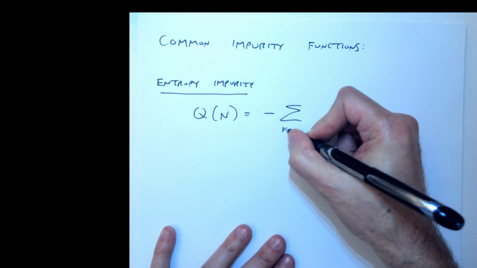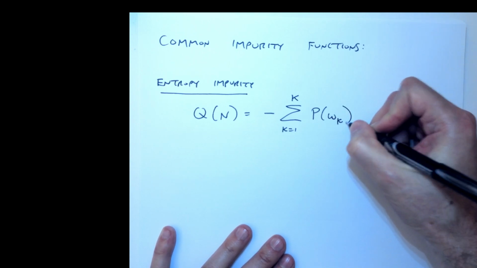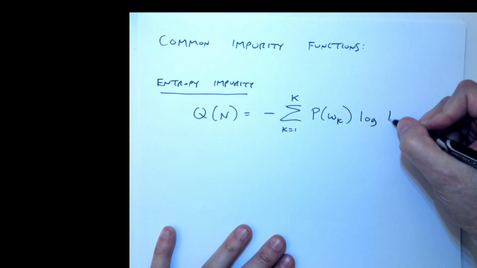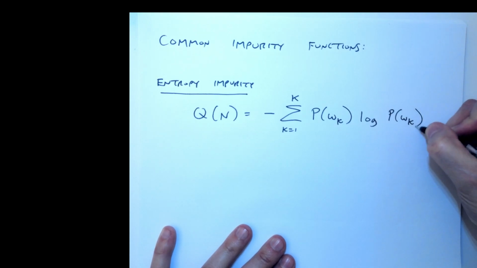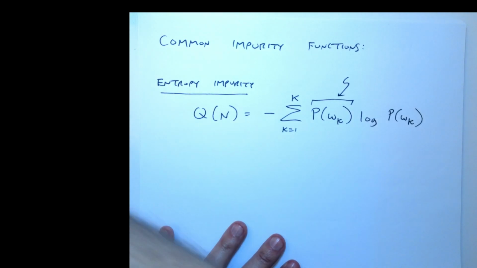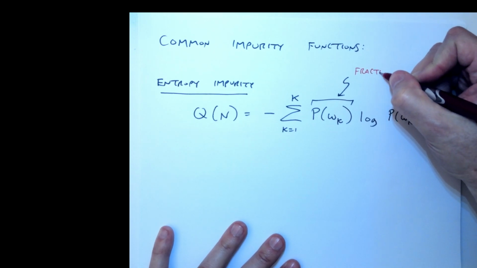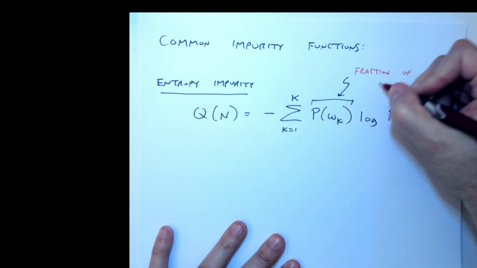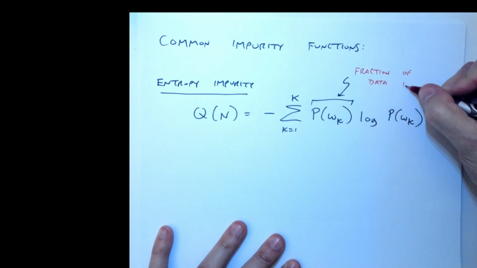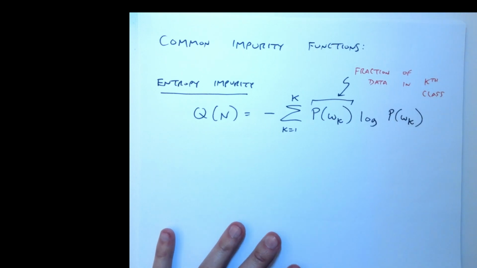If I have k classes, I have this function, where p_k is the fraction of data in the kth class.